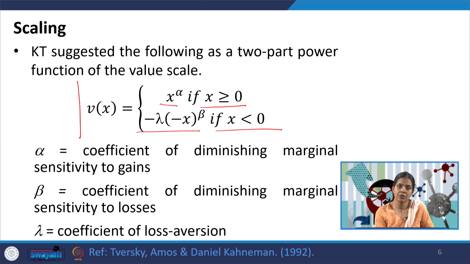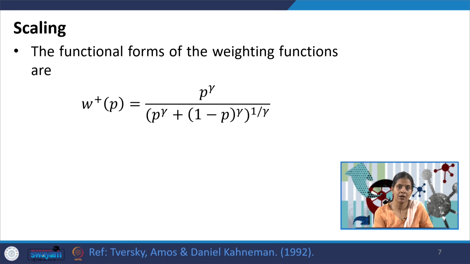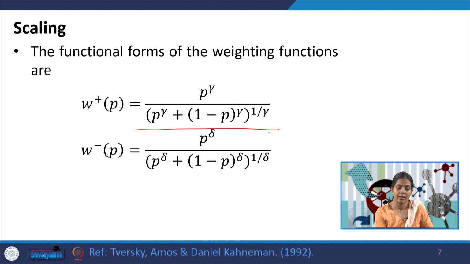Alpha is the coefficient of diminishing marginal sensitivity to gains, and beta is the coefficient of diminishing marginal sensitivity to losses. Lambda refers to the coefficient of loss aversion. We will also check examples where we can apply this value function. The functional form of the weighting functions are W plus P equals this form, and W minus P takes a very similar form, but the only difference is that the parameters are different.